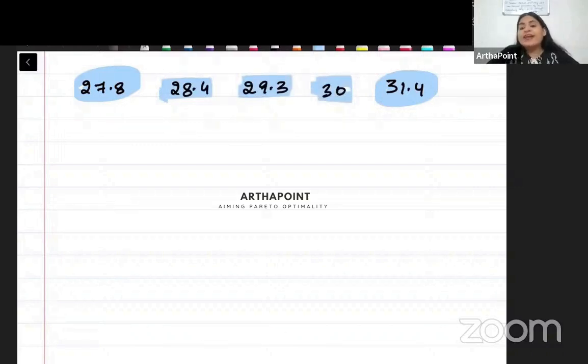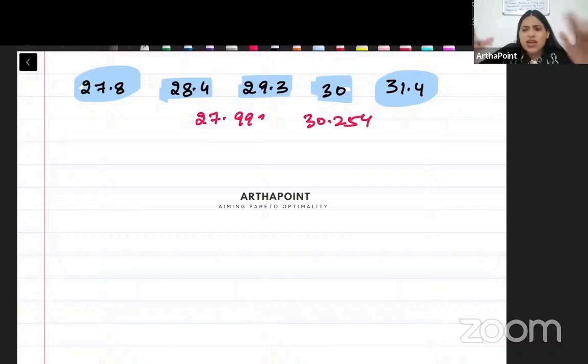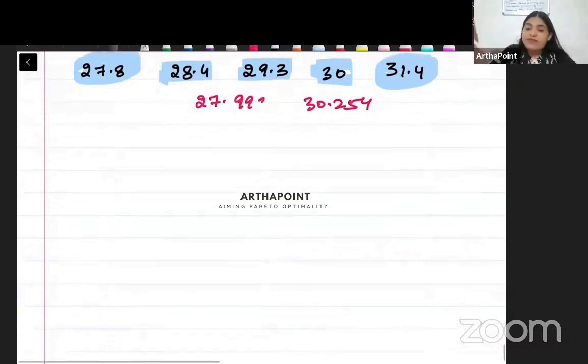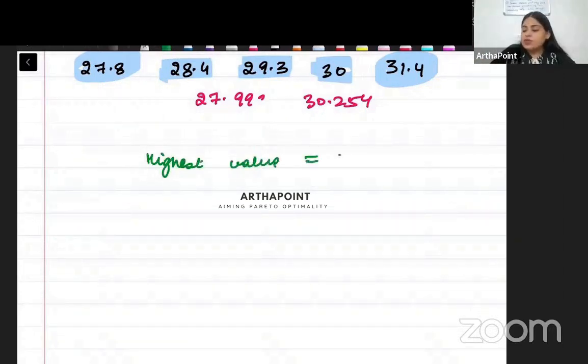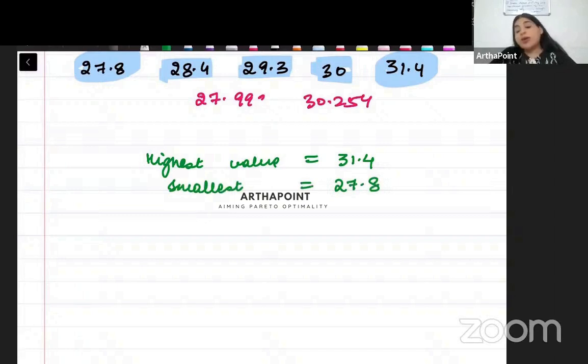but you are very clear that you have a particular range in mind. Range मतलब highest and lowest value is known to you. शायद यहाँ पे और नंबर्स भी हो, जैसे यहाँ पे 27.99 हो, एक नंबर 30.254 हो, बहुत सारे नंबर्स है, but I have identified the highest and lowest value. So I know that from here, my highest value that I have, that highest value is 31.4. And I've identified that the smallest value that I have, that smallest value is 27.8. What can I do?